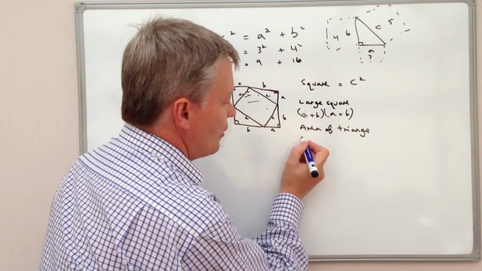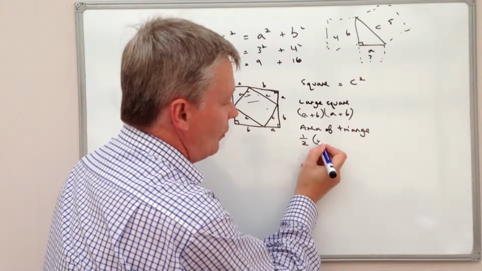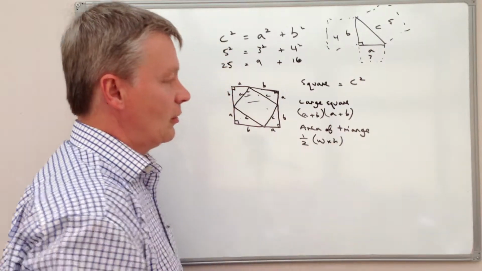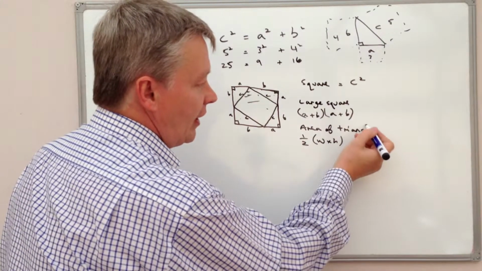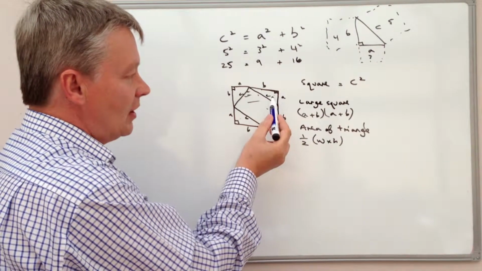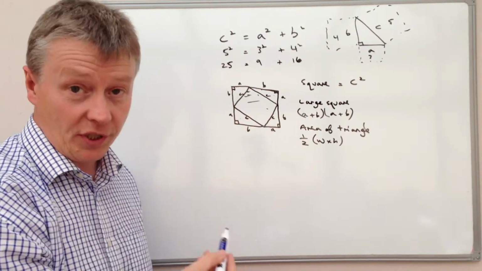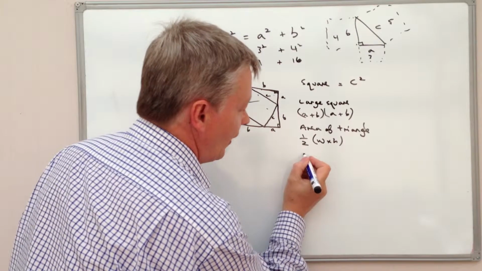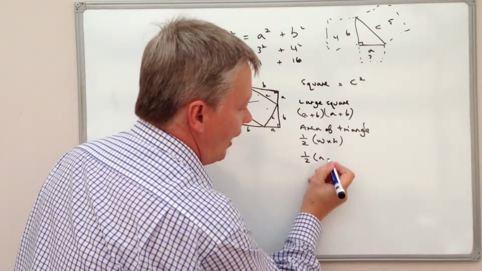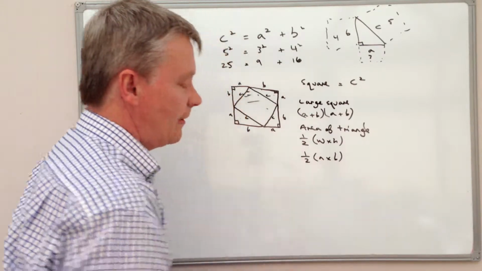So let's look at that as a formula. We've got half width times height. Well, the area of the triangle is A, which is the width, and B, which is the height. So I'm going to rewrite that as a half A times B.